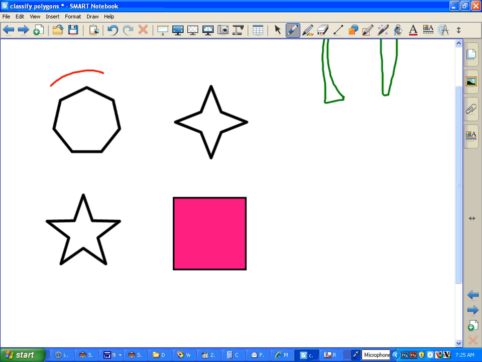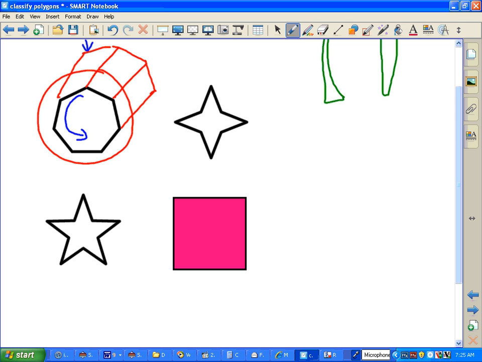If this figure right here were three-dimensional, if it were a prism, so if it looked like this, and we've got something going here, if I poured water straight down on top of this, and I can rotate it any way I want to, if I can pour water on that, and that thing will not hold water, it is convex.